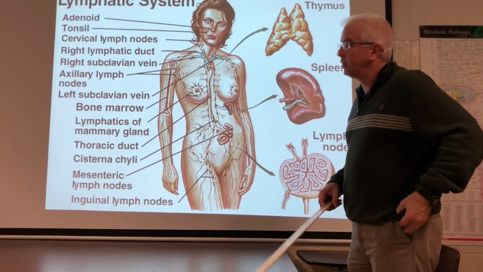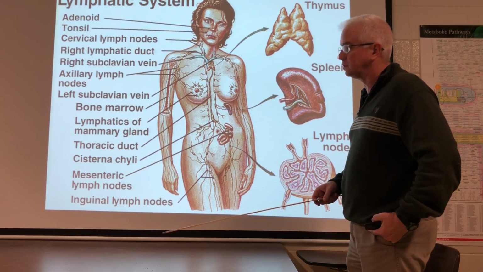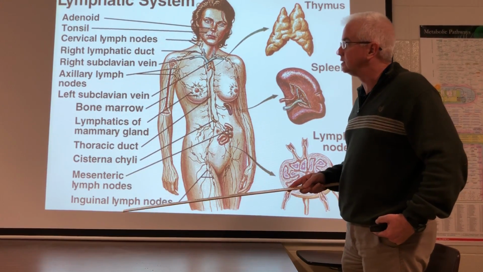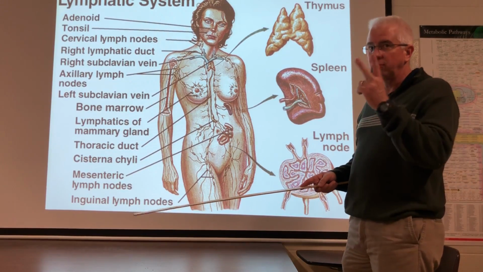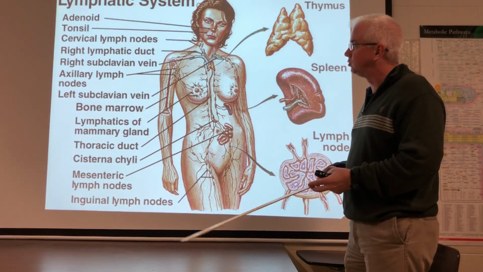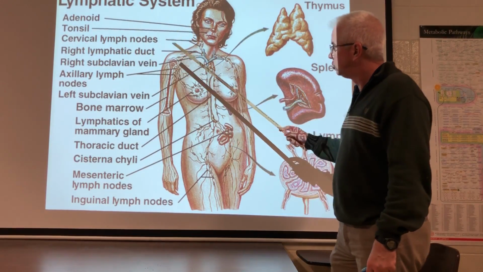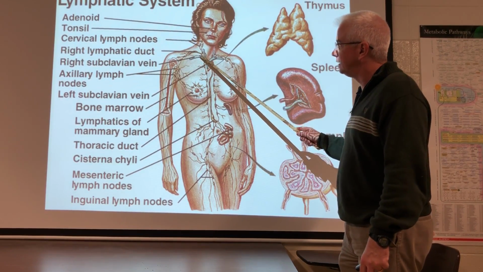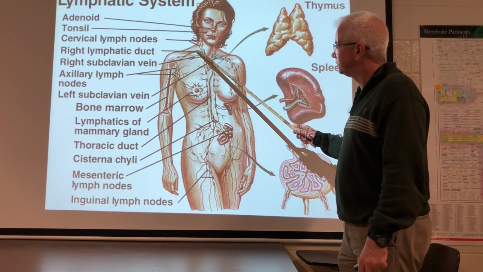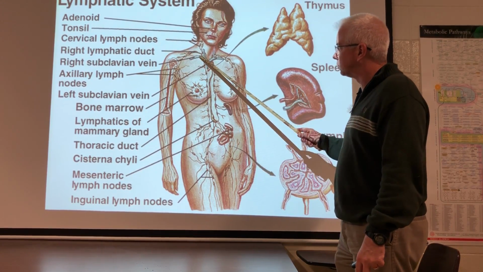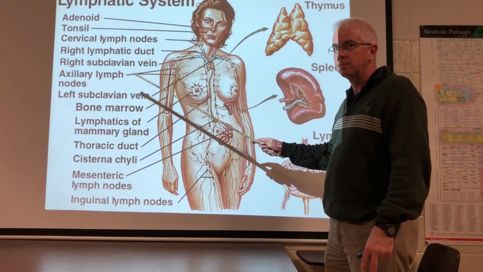In order to do that, there are a couple of key locations where lymph drains back into the system. Two of them that I will expect you to remember. One is the right lymphatic duct, shown here joining the right side. The right lymphatic duct actually joins the right subclavian vein.